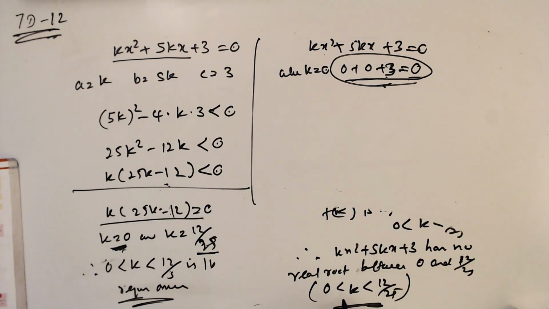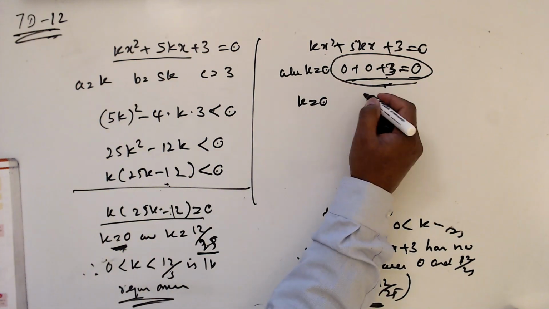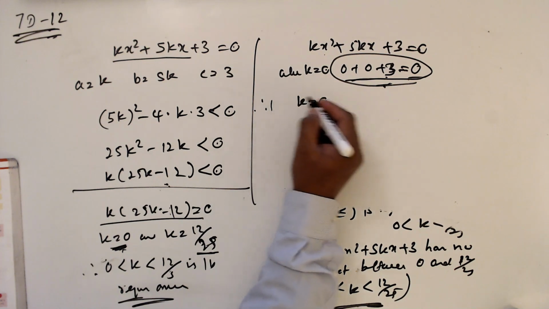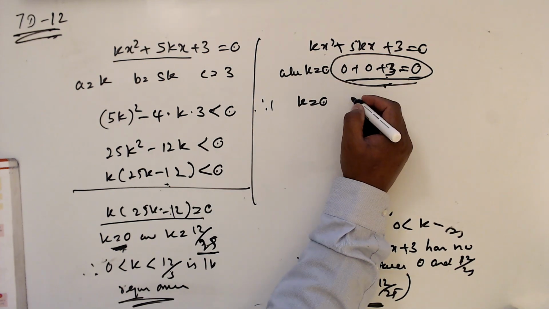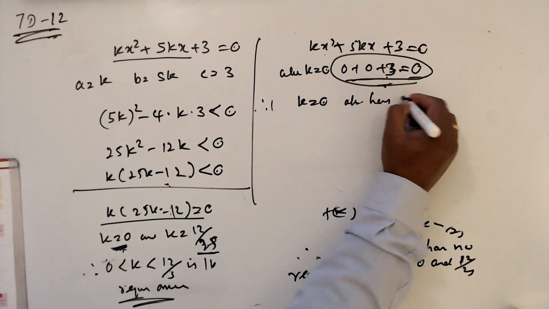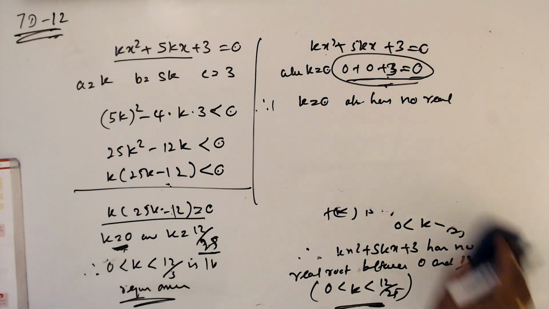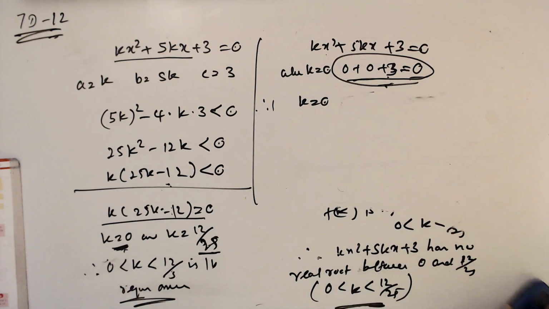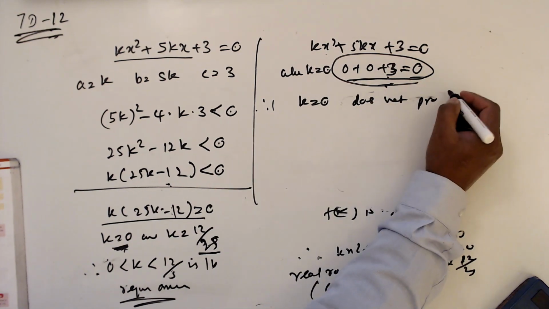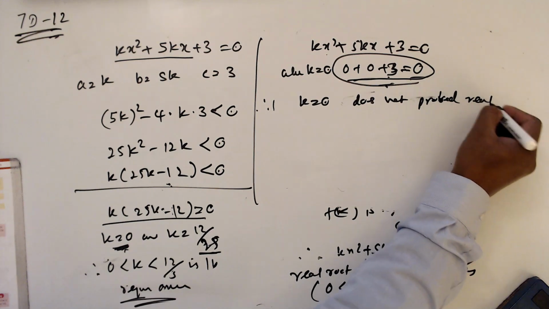Hence k equals 0 also has no, k equals 0 does not provide real roots.